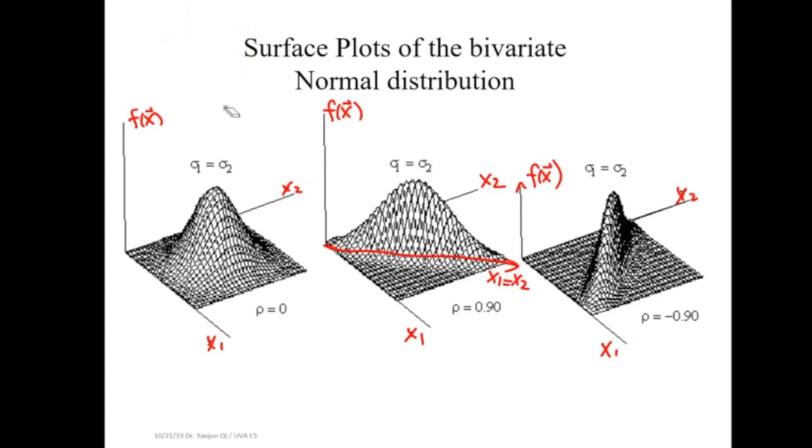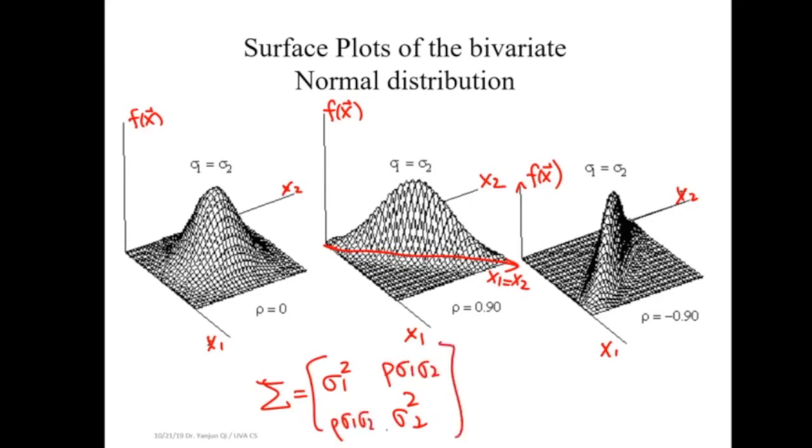Visually, it tells you the sigma matrix controls the PDF, and the off-diagonal term is the covariance between x1 and x2.